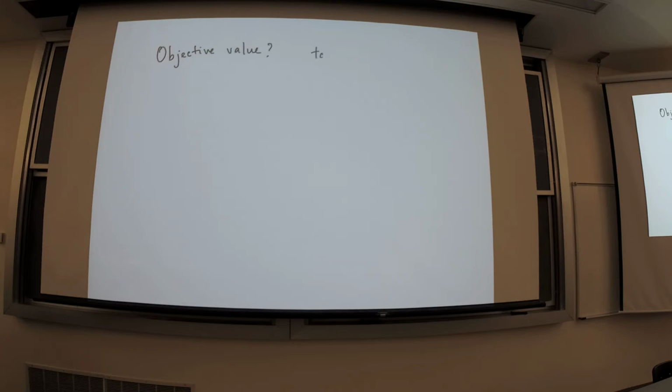It's supposed to be the total happiness value of our assignment. Okay. So how do you write it in terms of our xij variables?